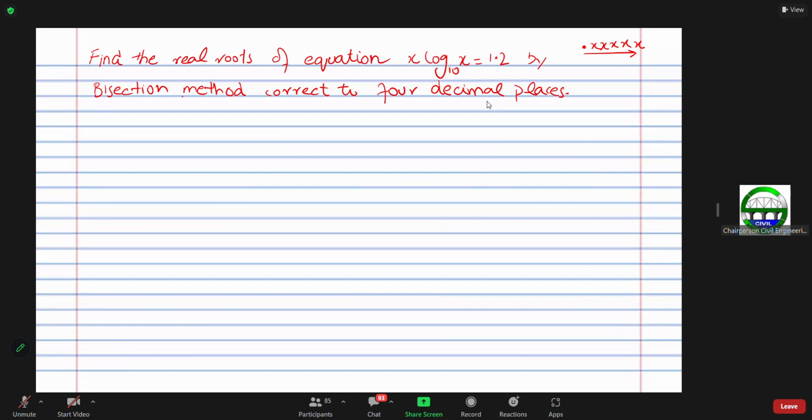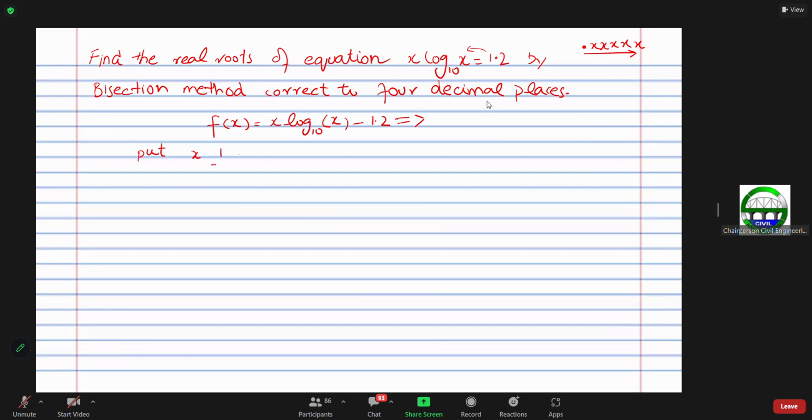So let's say our function is f of x = x log10 x minus 1.2. We will take it on this side. Okay, this will be minus 1.2. What will be the value? Okay, so what we're gonna say, put x = 1.